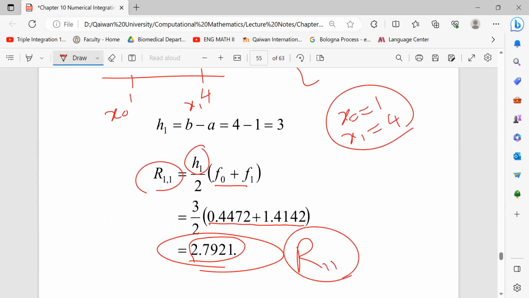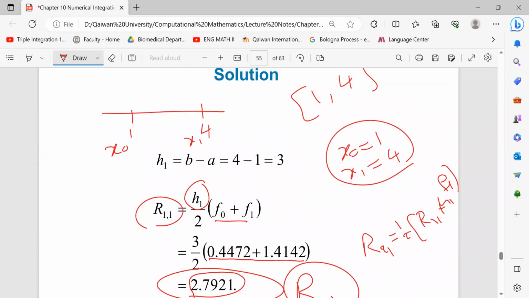Then to find R21, it is a half R11 plus H1 F1. But here F1 is not the same as the previous F1, be careful with that.